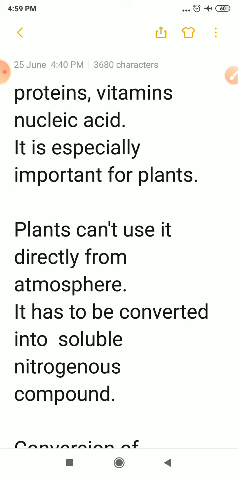Plants cannot use nitrogen gas directly from the atmosphere, as they use carbon dioxide or oxygen directly from the atmosphere. Then how do they use nitrogen? First, this nitrogen is converted into a nitrogenous soluble compound that plants can absorb from their roots.